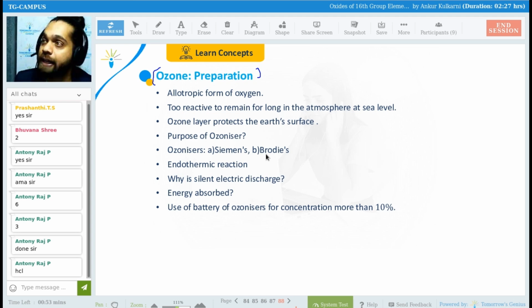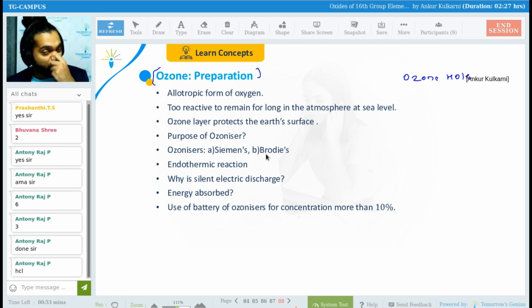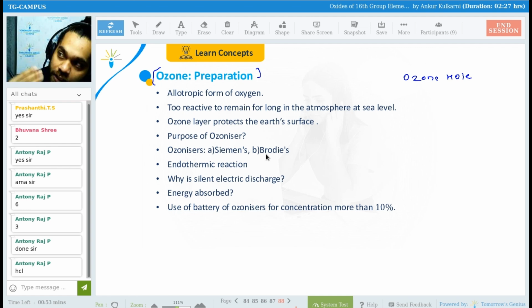So obviously I will get cancer. You can search afterwards for the ozone hole. That means ozone is so disturbed over there that ozone is literally not present. If you go to such places, there is a high chance of getting skin cancer.